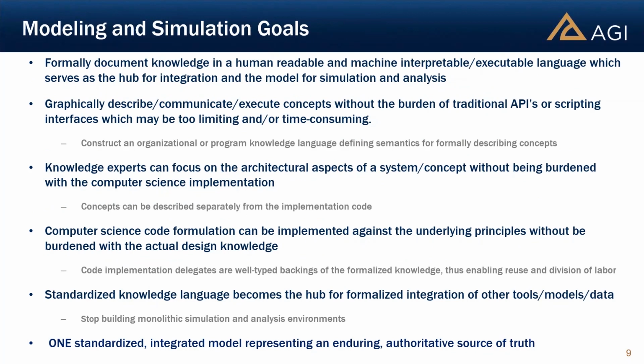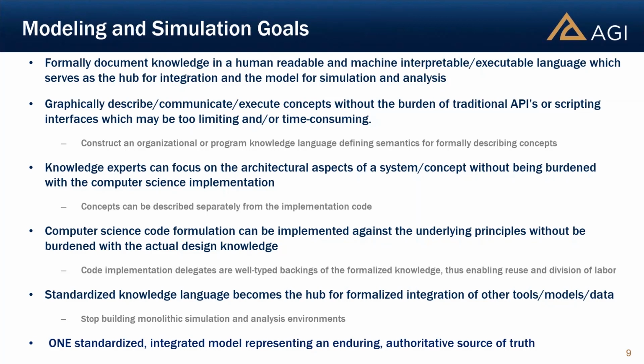All right, so let's talk about some goals for modeling simulation. Wouldn't it be nice if I can document this knowledge in a fashion that's human readable, but also lends itself to machine interpretation and execution, and really allowing the subject matter experts to start to vet and describe things graphically without necessarily being burdened with the APIs or scripting interfaces, and really allowing those experts to describe things at an architectural level, again, where I'm not necessarily concerned about the computer science implementation.